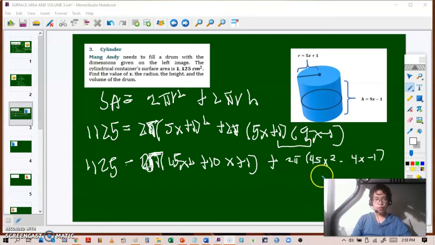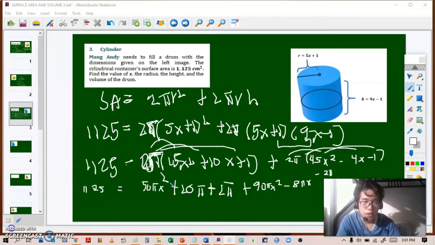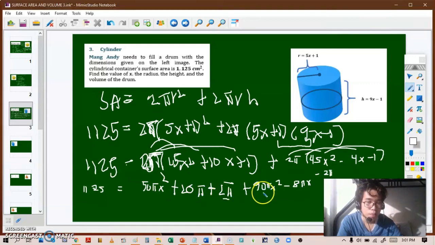So you get 45x squared minus 4x minus 1. Now we distribute the 2 pi here and the 2 pi here. So we get 1,125 is equal to 50 pi x squared plus 20 pi x plus 2 pi plus 90 pi x squared minus 8 pi x minus 2 pi.